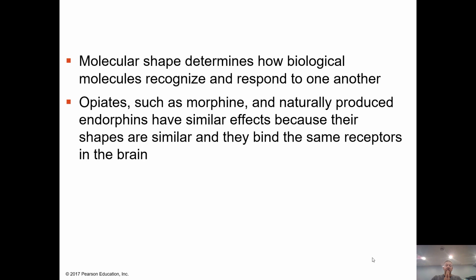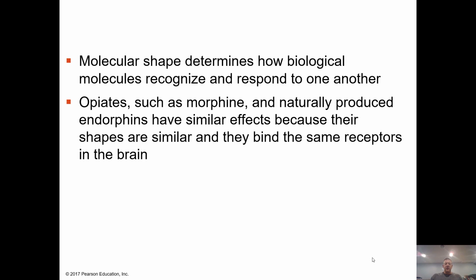Molecular shape actually determines a lot of things, and one of which is how our own cells are able to, I shouldn't say read, but basically they receive messages and then can pass that on.